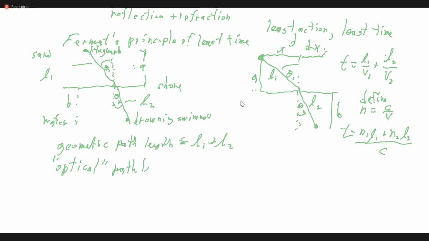The optical path length is, we have to take into account the different speeds. So we do that conveniently by N1 L1 plus N2 L2. So we want to minimize L optical.